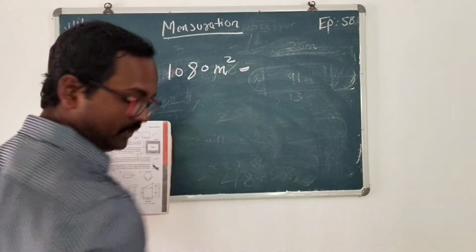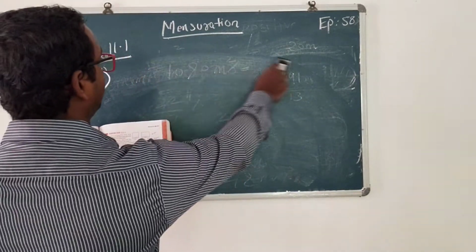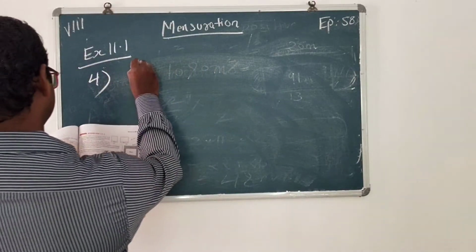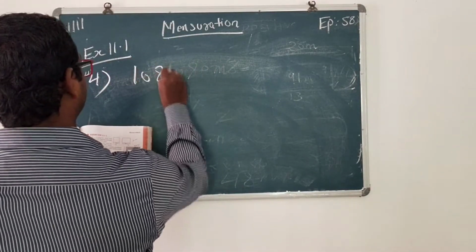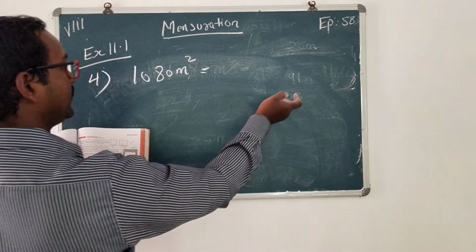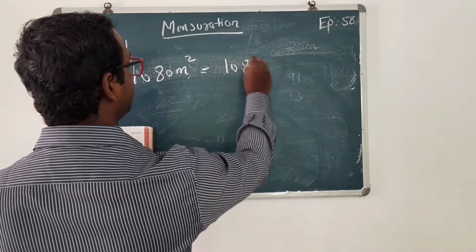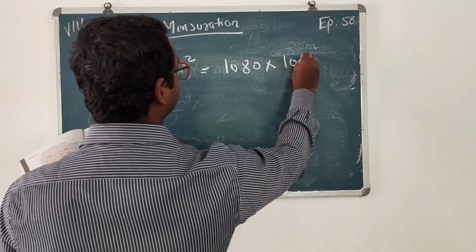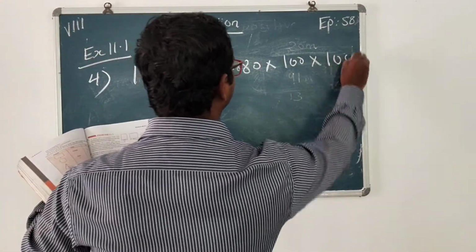To convert this meter square into centimeter square, you have to multiply with 100 into 100.